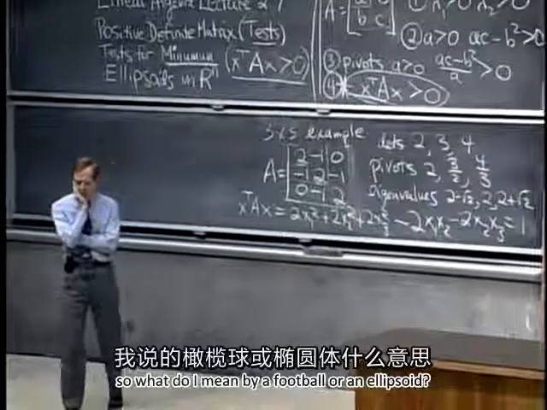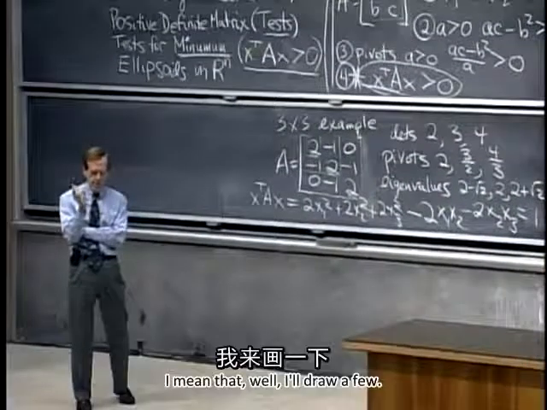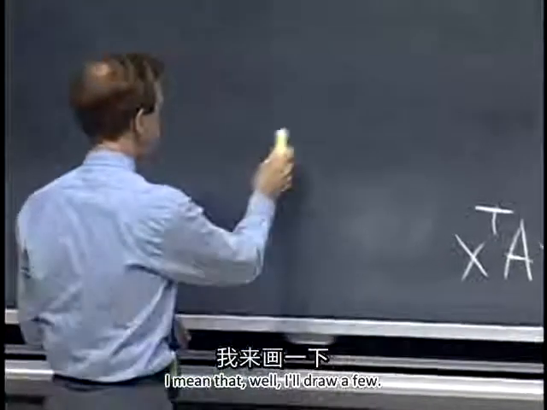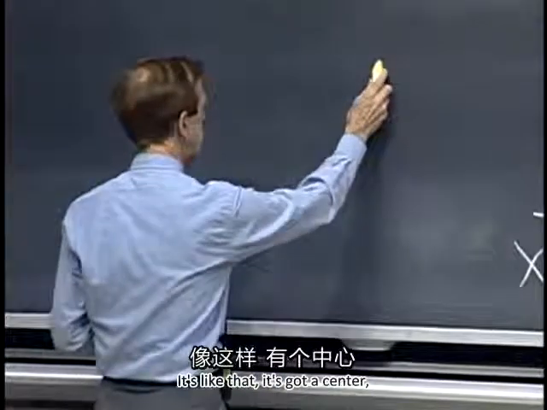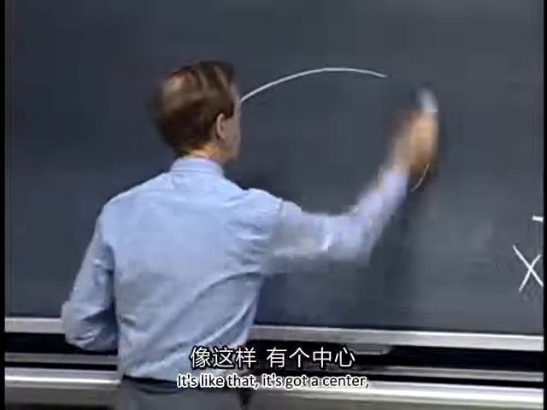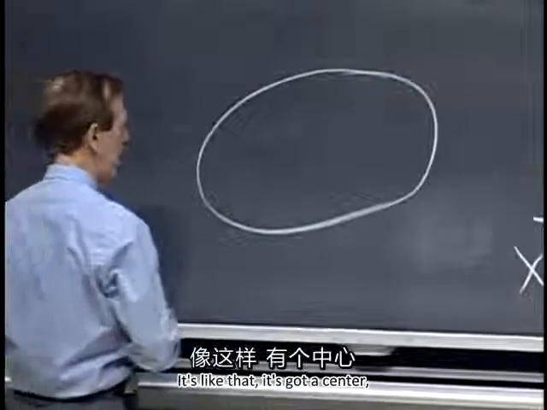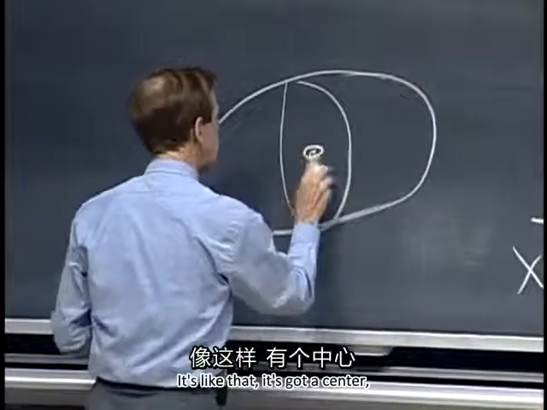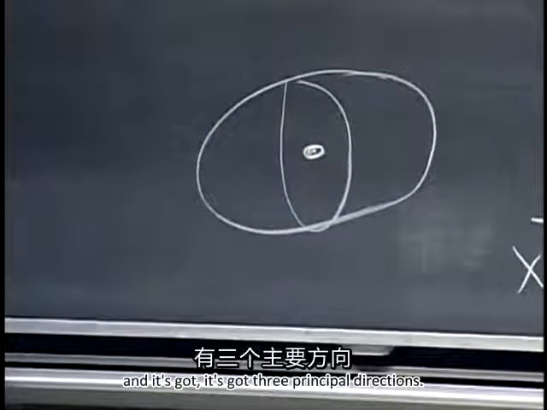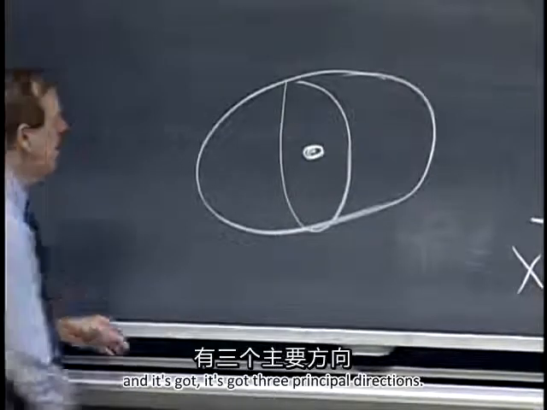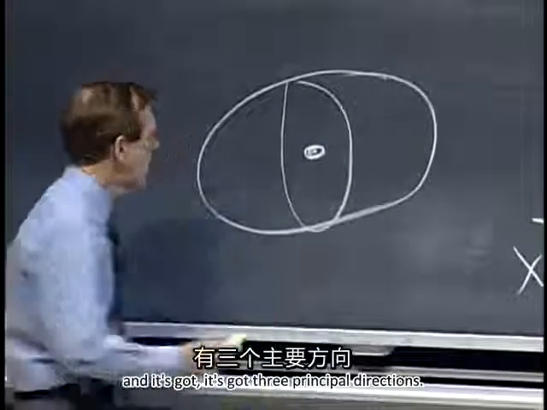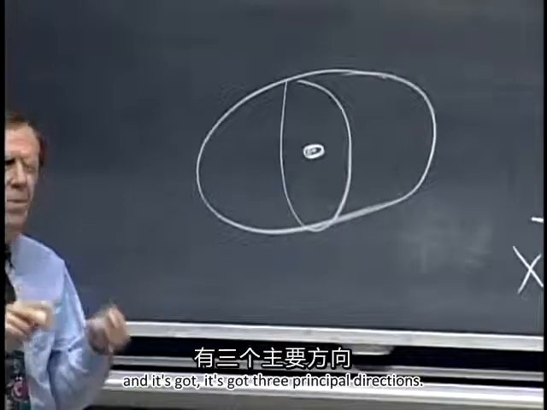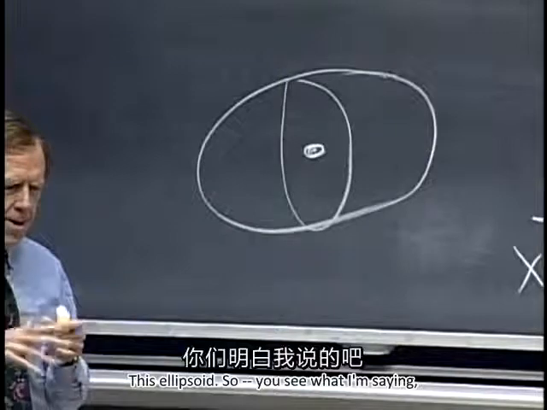So what do I mean by a football or an ellipsoid? I mean that, well, I'll draw it here. It's like that, and like that. It's got a center, and it's got 3 principal directions, this ellipsoid.